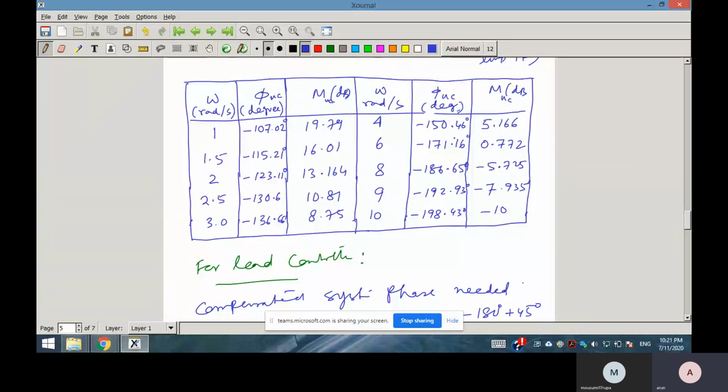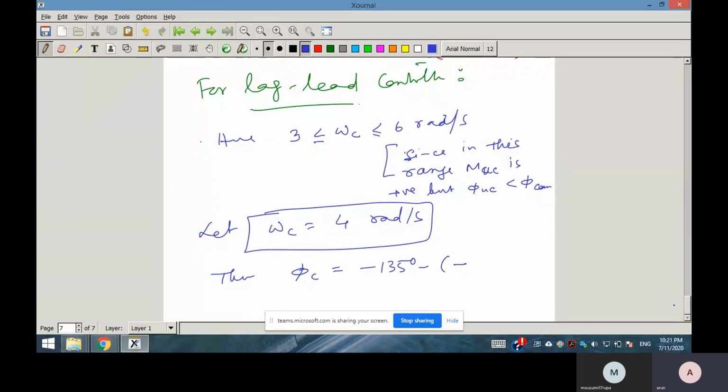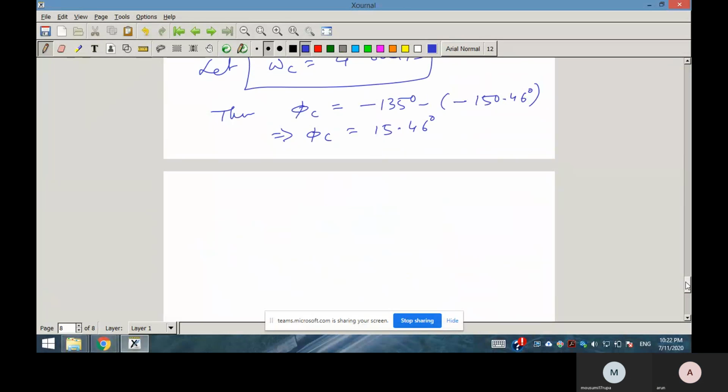What is the phase at this frequency? Minus 150.46 degree. So this will imply phi c equal to 15.46 degree.